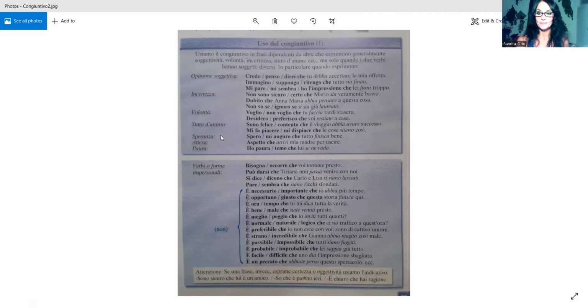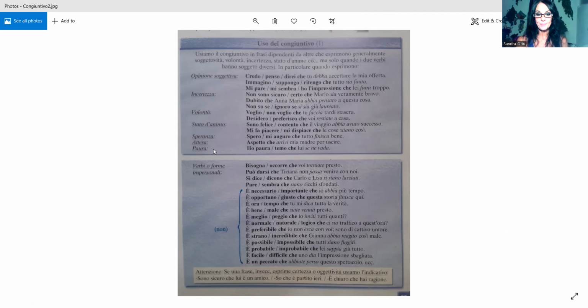We also have verbs that express speranza, hope. Spero, I hope, or mi auguro che, well, it is I wish, or it is wish and hope, really, this augurarsi. Attesa is expectation, or expectations or wait as well. Aspetto che, I wait or I expect that.